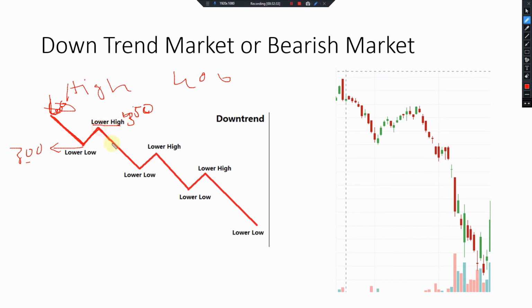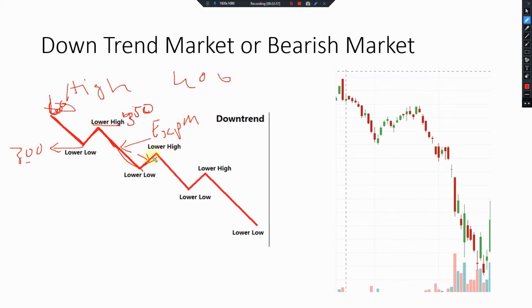Then again there was an impulsive down move, and this longer phase, or longer line, or downfall, is called the expansion phase, which is exactly the opposite of the uptrend. And this is called the contraction. The small up move is the contraction, the big downfall is the expansion.